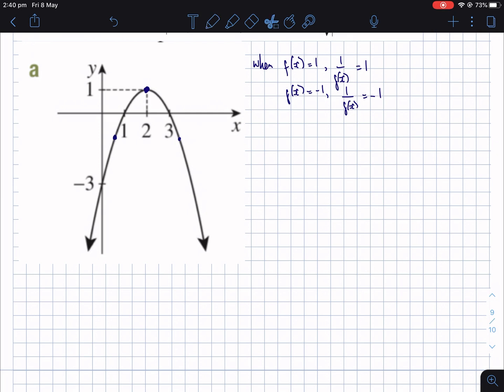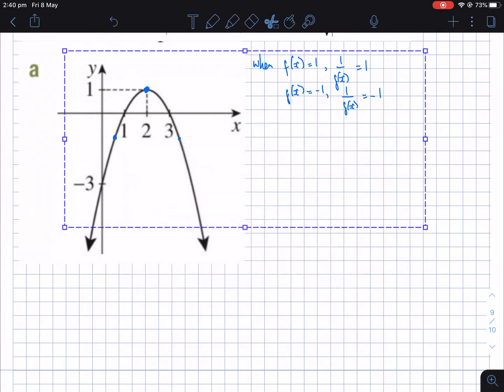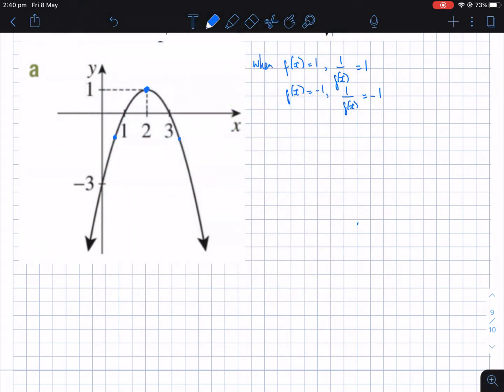I'm going to change colours, you can't tell. Okay. So we're going to go through those points. The next thing we need to look for is zeros, which turn into asymptotes.